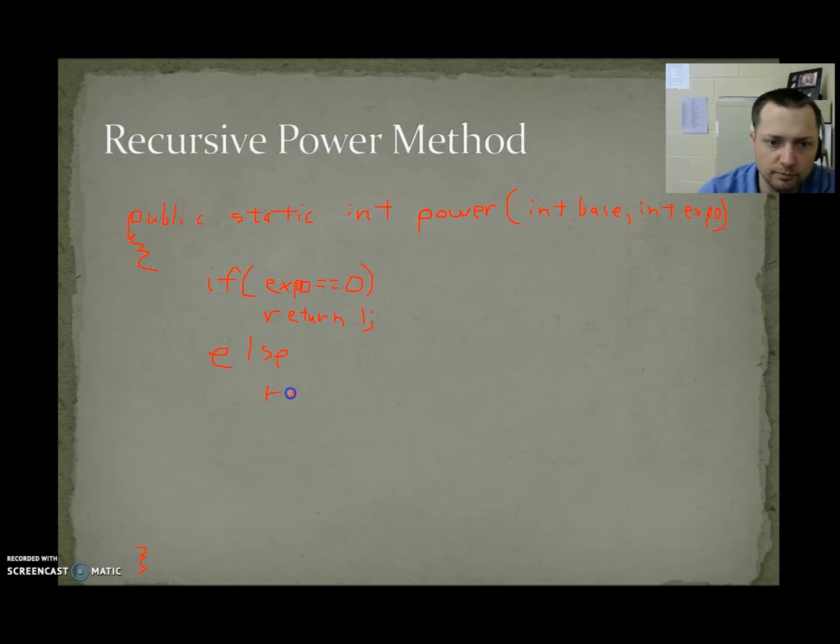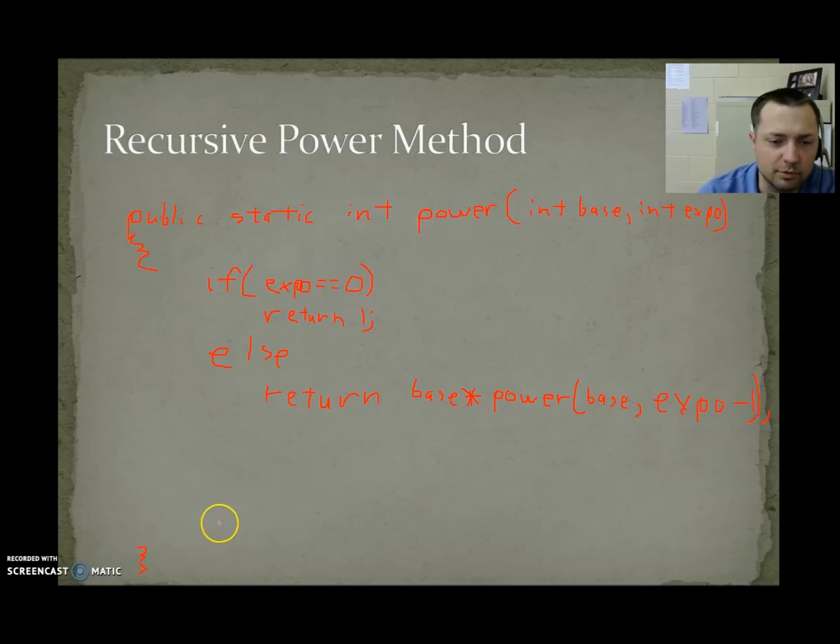So it would return our base multiplied by the power of the base to the exponent of 1 less. Expo minus 1. And I'm going to show you the idea of this.